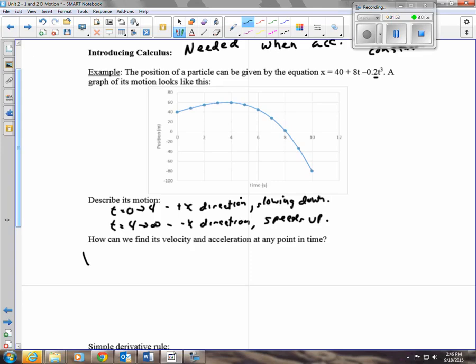So if I had a position time graph, I would find its average velocity by doing change in x over change in t. It's basically the slope.